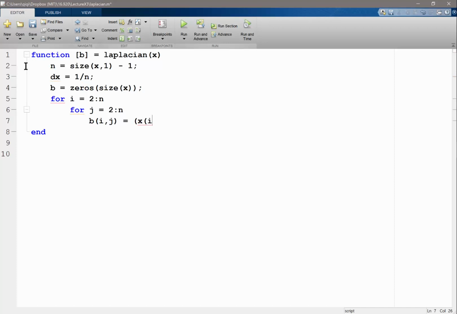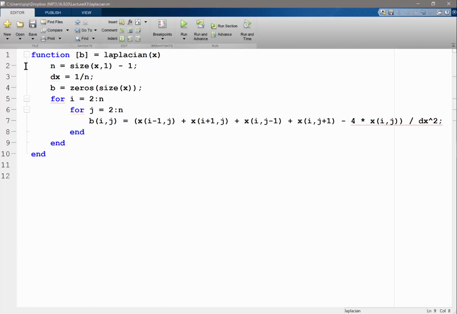It'll be x of i minus 1 j, x i plus 1 j, x i j minus 1, and x i j plus 1. And then we'll minus 4 times, because we have a Laplacian in the x direction, one in the y direction, both have a 2, so 4 times x of ij, divided by dx squared. That's going to be our Laplacian.